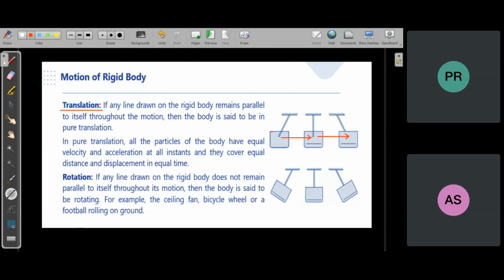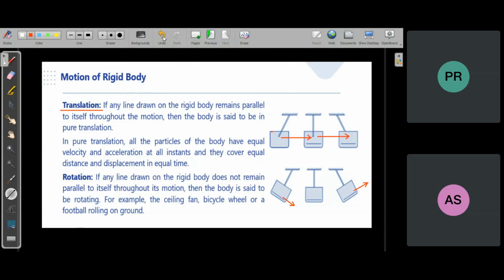So this happens in translational motion. Now in rotational motion, this is not true. In rotational motion, different particles of the body can have different velocity. For example, this particle may be at this instant going in this direction, whereas at this instant it is going in this direction.